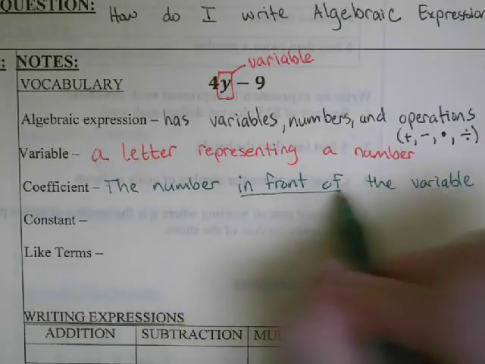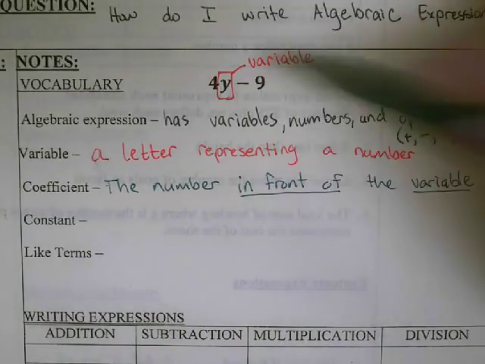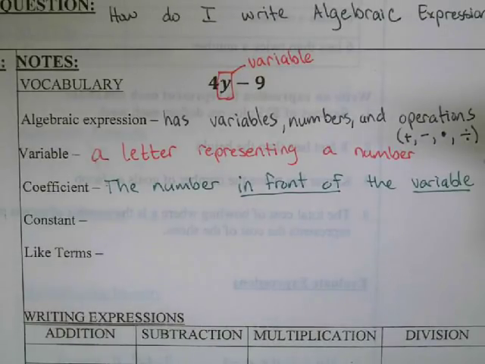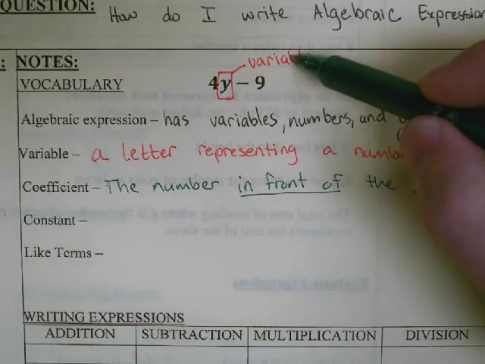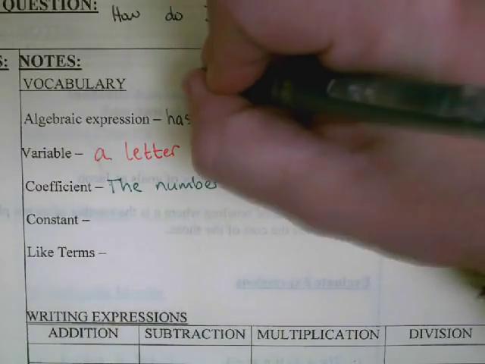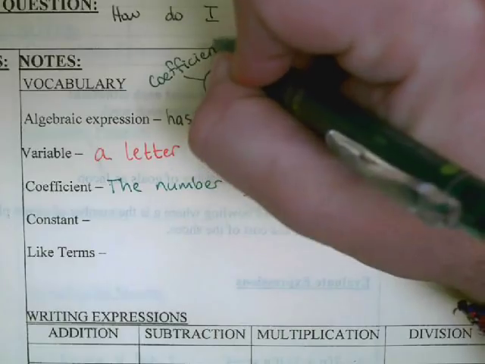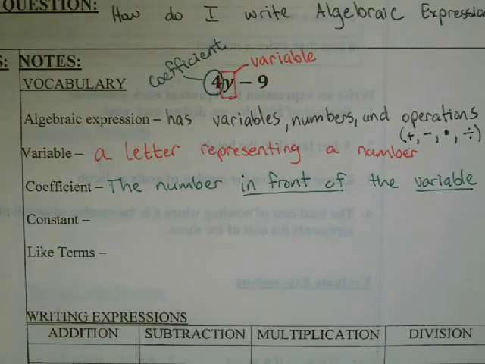It's in front of the variable. So when I look at 4y minus 9, which number is in front of the variable? Well, here's our variable, and here's the number in front of it. So 4 is our coefficient.